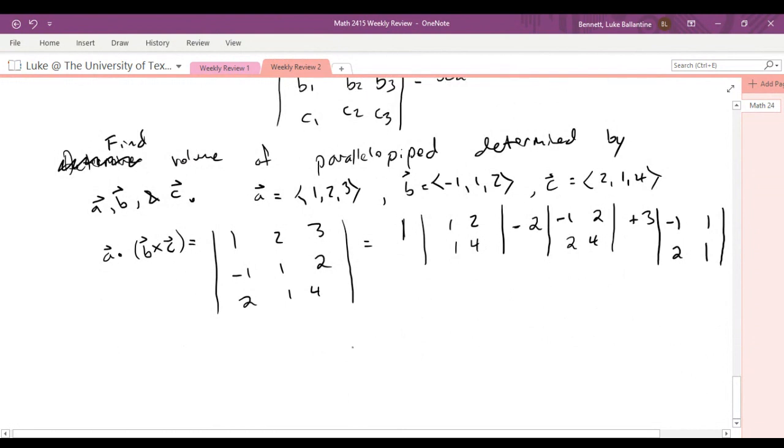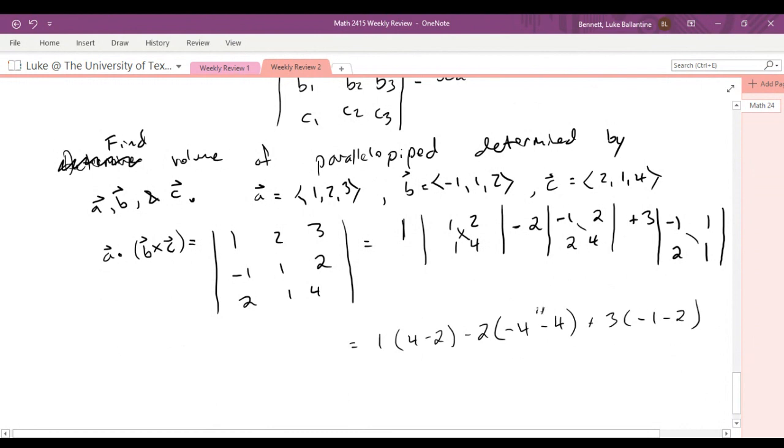All right, so we have 1 times 4 minus 2, minus 2 times negative 4 minus 4, and then plus 3 times negative 1 minus 2.